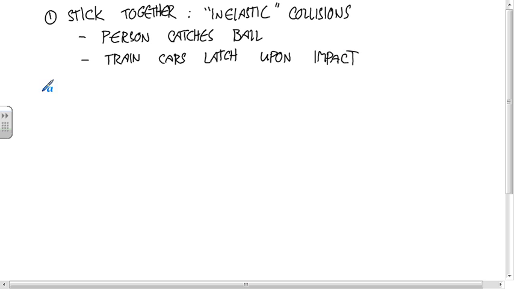And then the other case is if they bounce apart. Those are called elastic collisions.